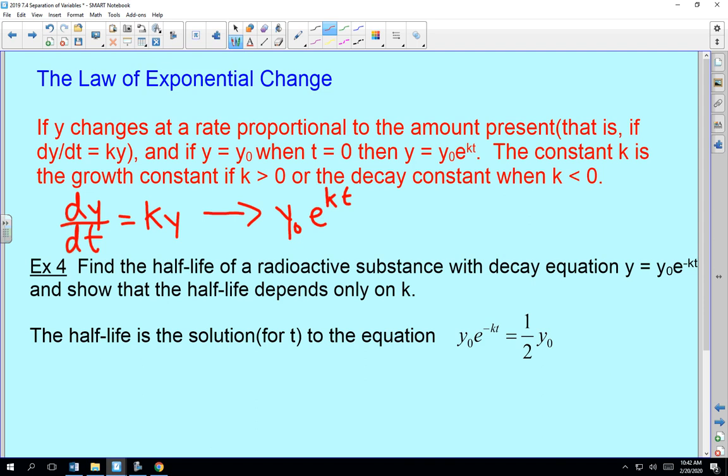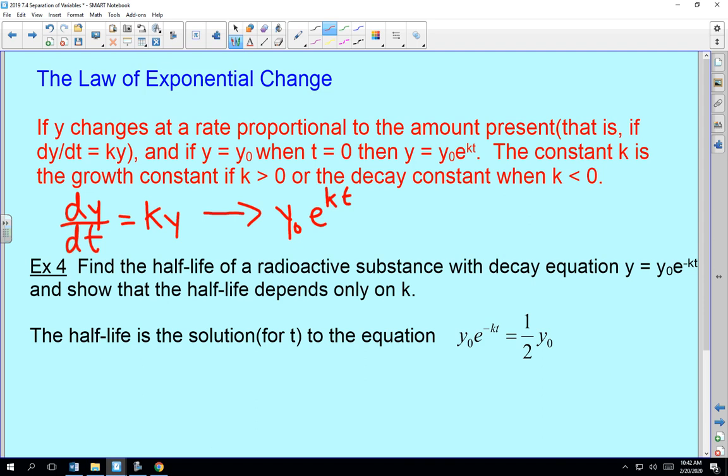So the half-life is the solution for t to the equation y naught e to the negative kt equals 1/2 y naught. What that's doing is setting this exponential equation to half of what the initial value was. If you can solve that equation for t, you'll have an expression for half-life, and it's a constant. It's always the same. Do any of you know what it is already? Just from your science stuff.